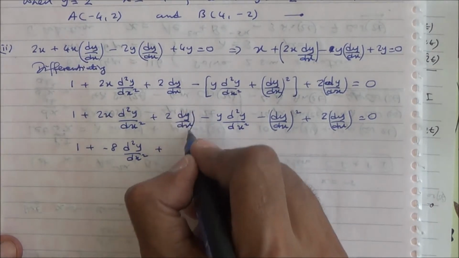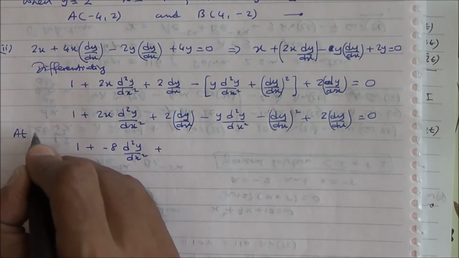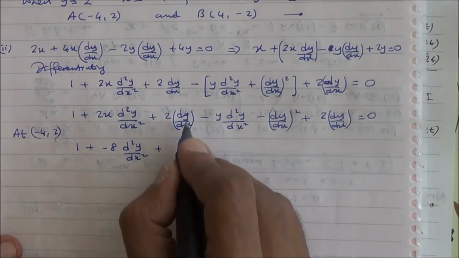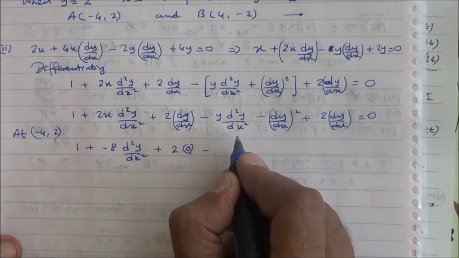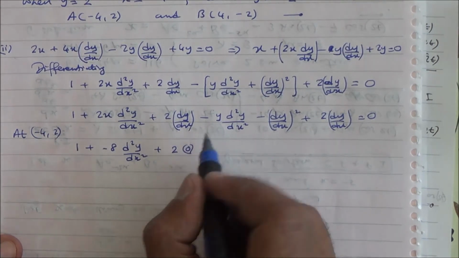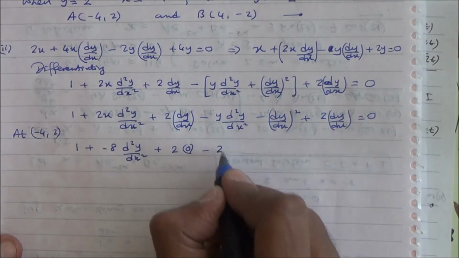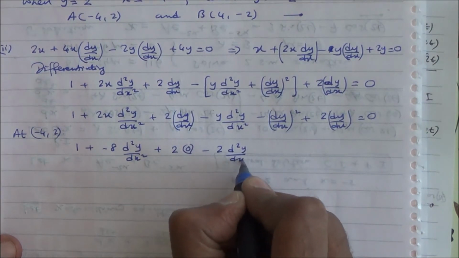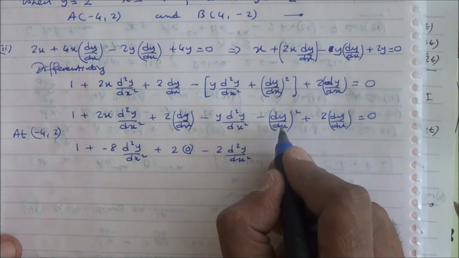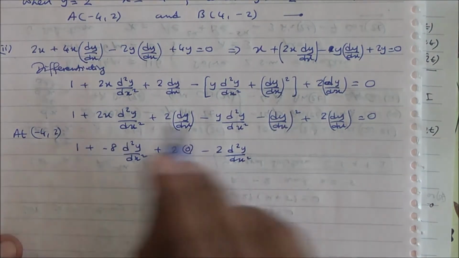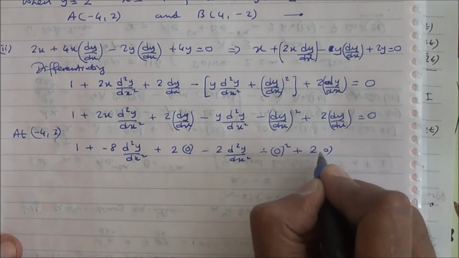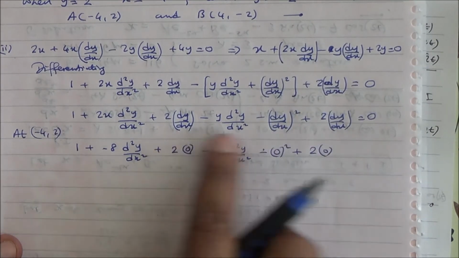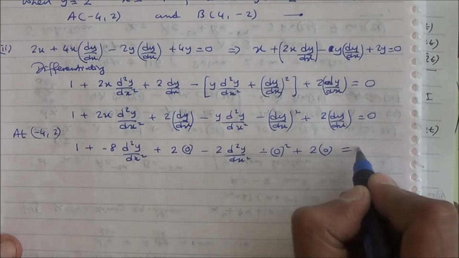Let us say at minus 4 and 2, we know that dy by dx is going to be 0, so 2 times 0, minus d2y over dx squared times y, and y is equal to 2, so 2 times d2y over dx squared. dy by dx is 0 at that point, so 0 squared minus 0 squared, plus 2 times 0 again. So this can be simplified as 4 dy by dx is equal to 0.